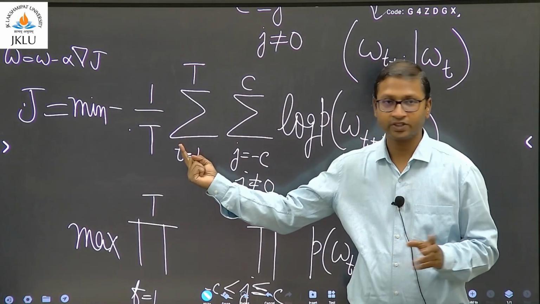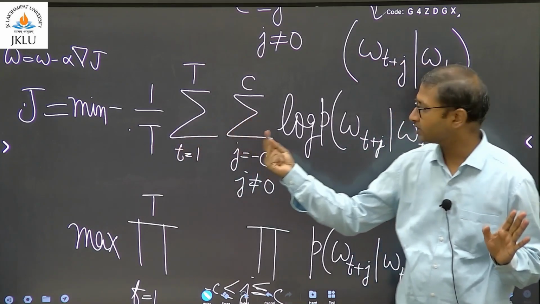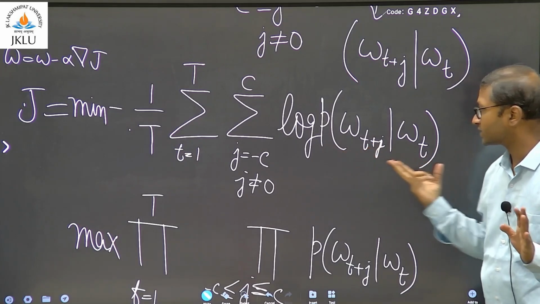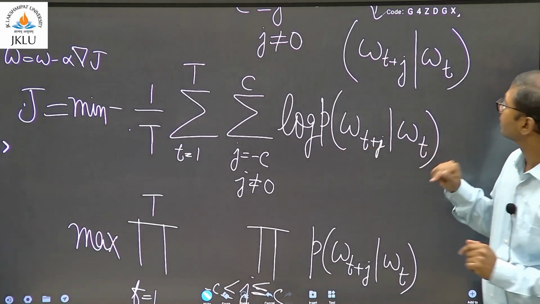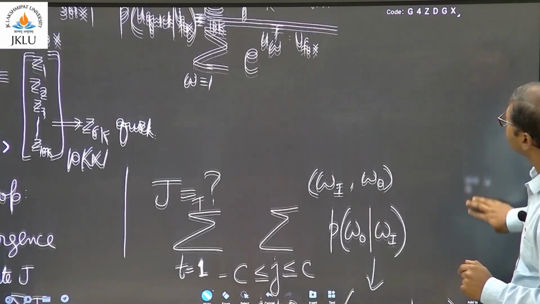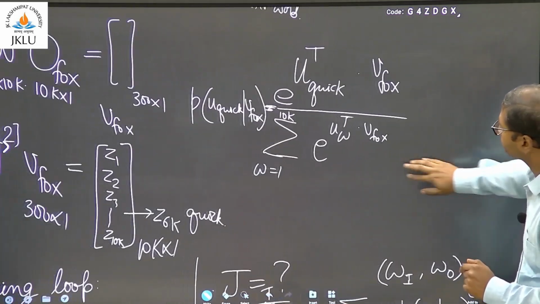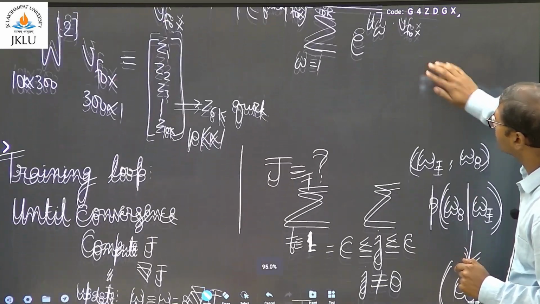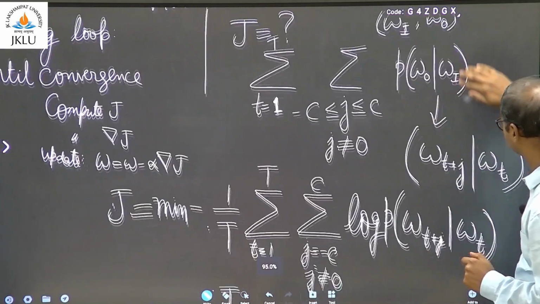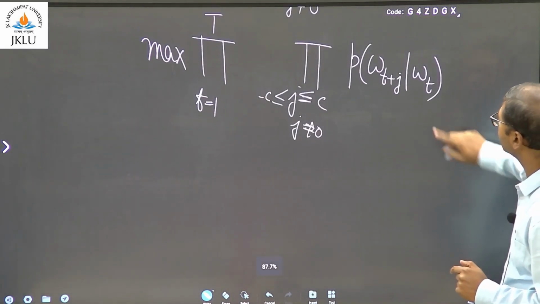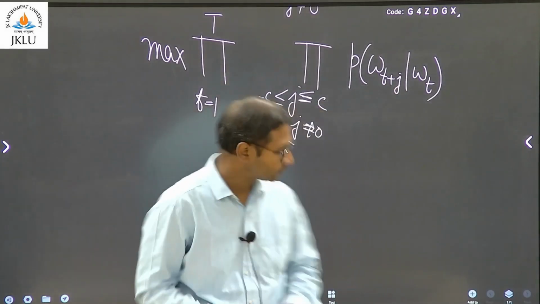Can anything be wrong with this? This is fine, this is summation, this is fine. So the only thing that can be wrong with this particular statement is what? This is here. Okay. So let us try to rewrite that. Right. Let us try to rewrite this thing. What is it?